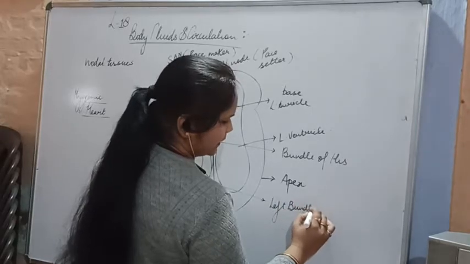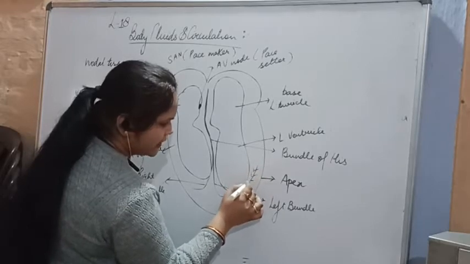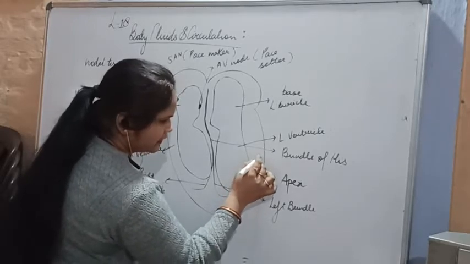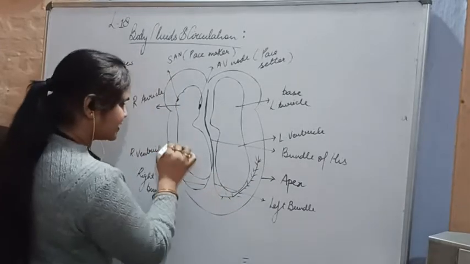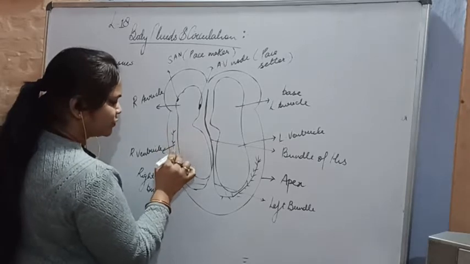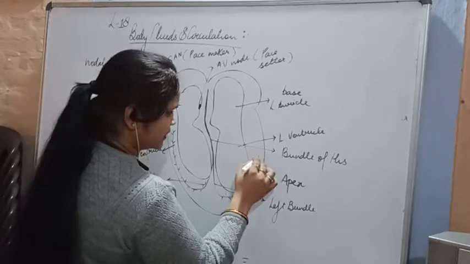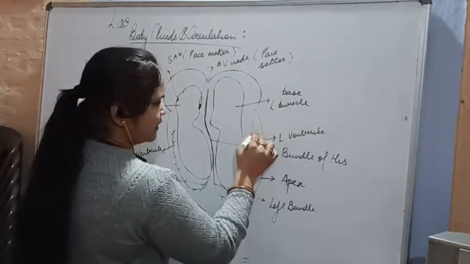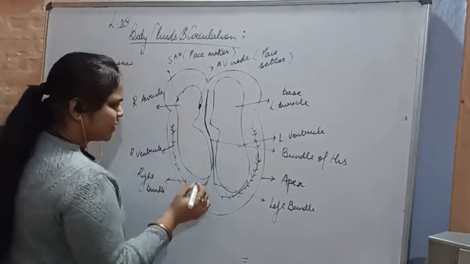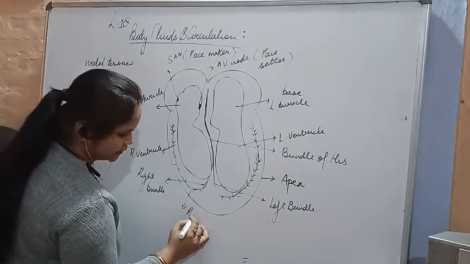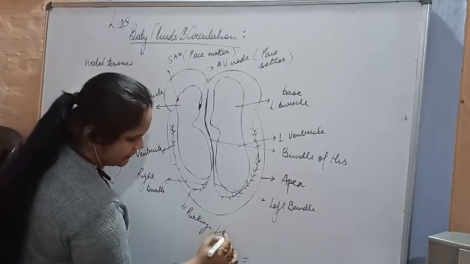Along with that, the bundles emerge into small fibers, or thread-like structures, which transmit the impulse from the SA node to the AV node, from the AV nodal tissues, and finally to the fibers. They reach till here, covering the full ventricles. These are called Purkinje fibers. They have a very important function. We call them Purkinje fibers.